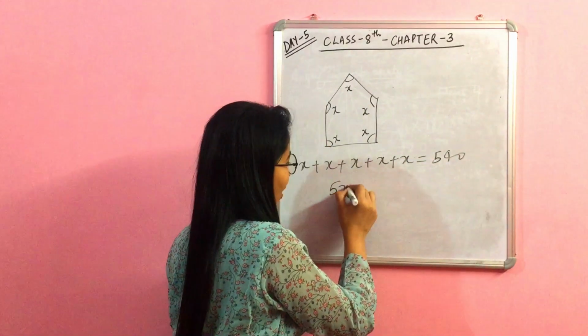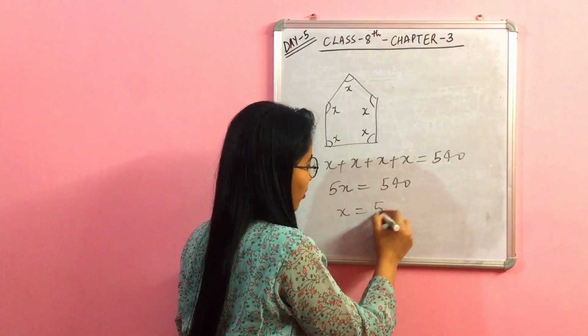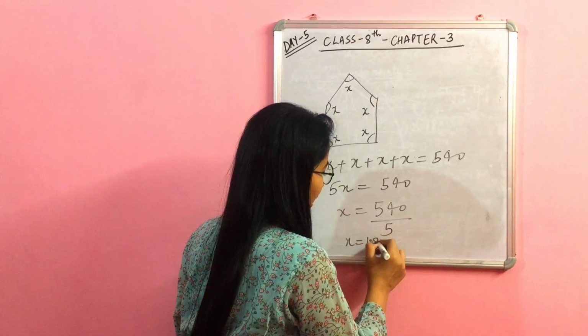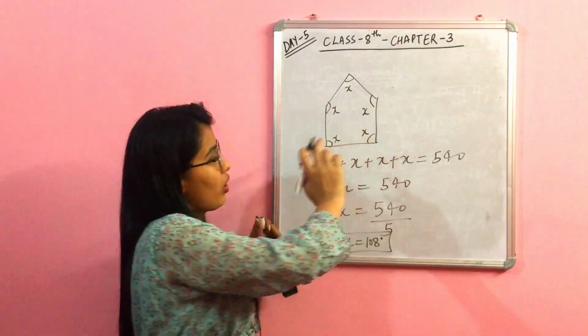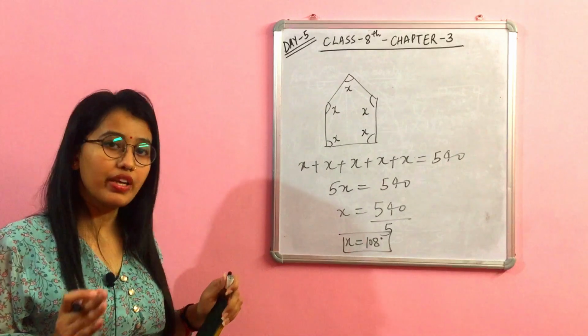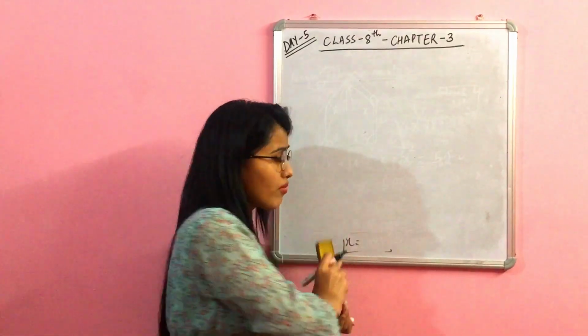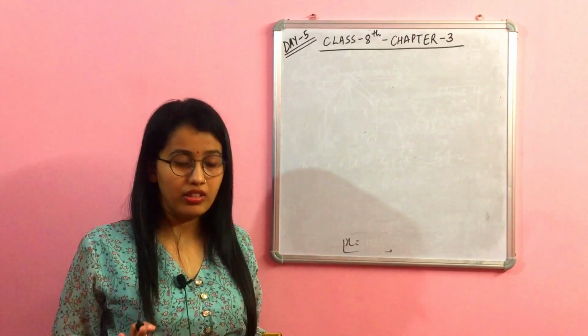Now this is 5x equals 540. We can find the value of x easily. This will be 108 degrees. So all the angles of this polygon will be 108 degrees. This is how we can find the angles of any polygon.